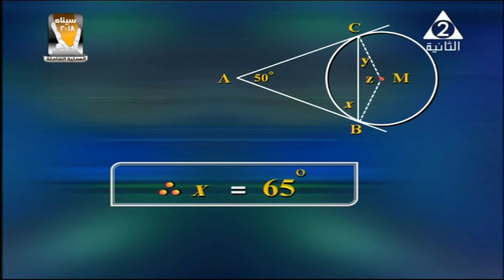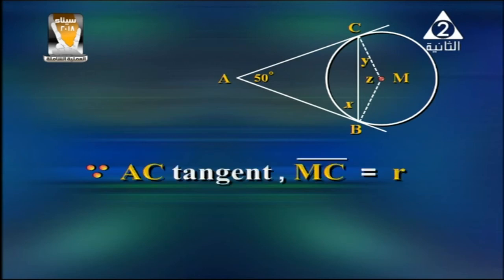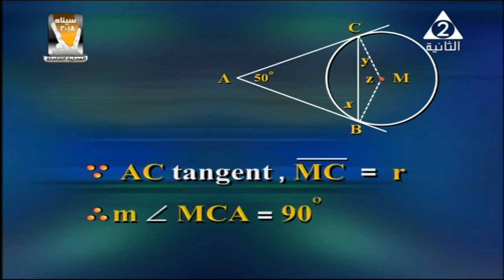Then what about the value of Y? Try to think. That's correct. AC is a tangent and MC is a radius. So measure angle MCA equals 90 degrees. As angle MCA equals 90 degrees, you can now find measure angle MCB.